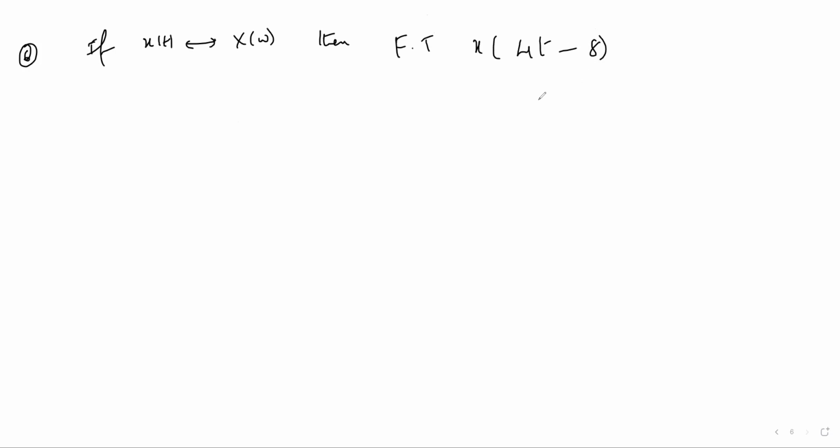Find Fourier transform x of 4t minus 8, if x of t Fourier transform is x of omega. Try to do it.